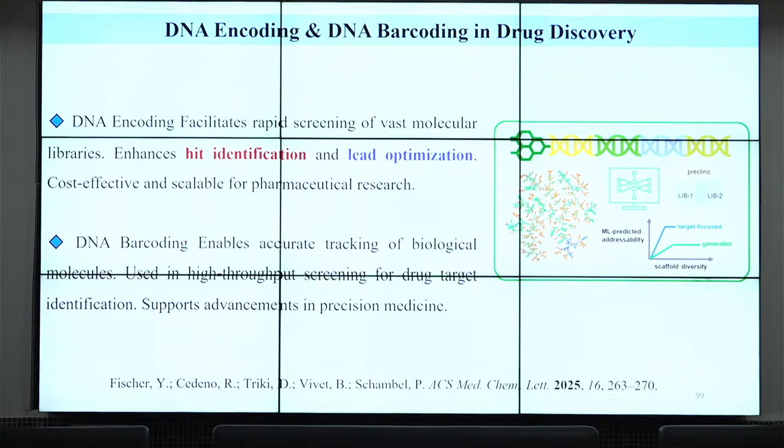The small molecules, if you leave them, might interact with multiple protein targets, but once tagged with DNA, you can easily track which targets the molecule is interacting with, and with which kind of amino acid inside the protein. So this tagging is important here in order to understand.